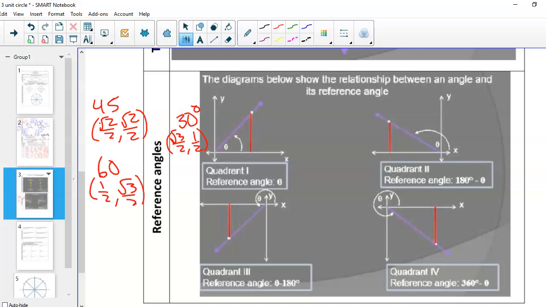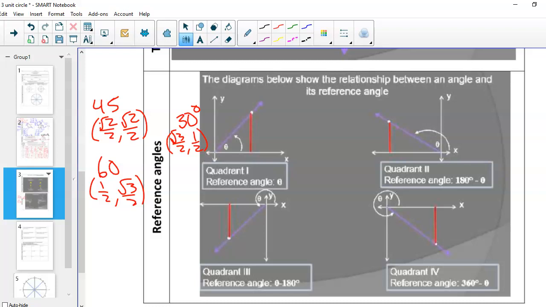Okay, so you pick 135. 180 minus 135 is 45. We know 45 is this ordered pair, but since it's in the second quadrant, what's going to be positive? Sine.